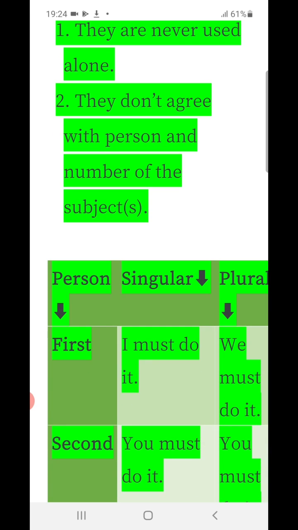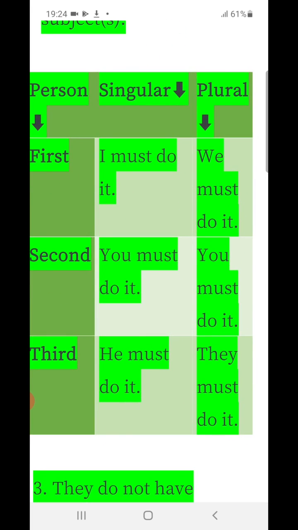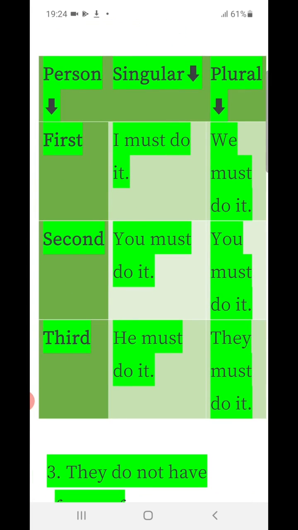Let us see what we have discussed in point number 2.